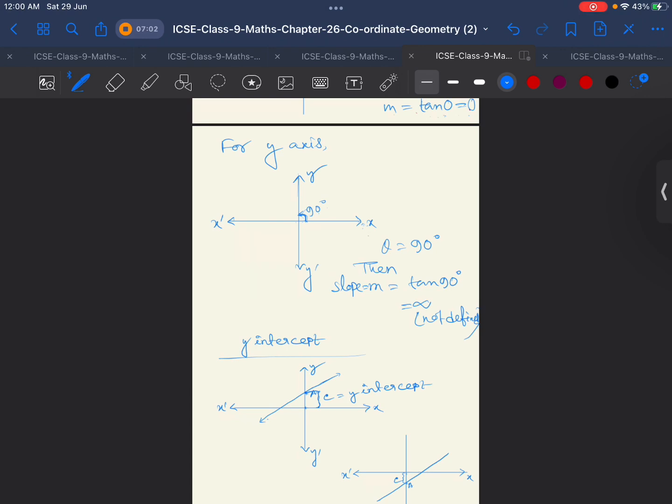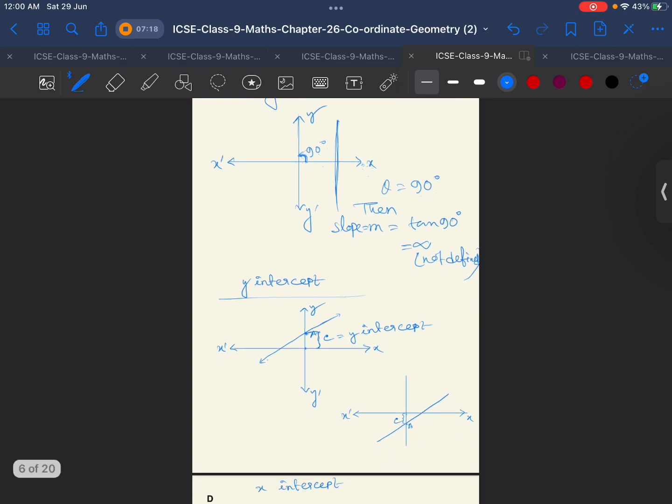If we take a line which is parallel to the y-axis and always perpendicular to the x-axis, then this angle will be 90 degree. Then theta is 90 degree, and slope m equals tan 90. We know tan 90 equals infinity. So this is not defined.